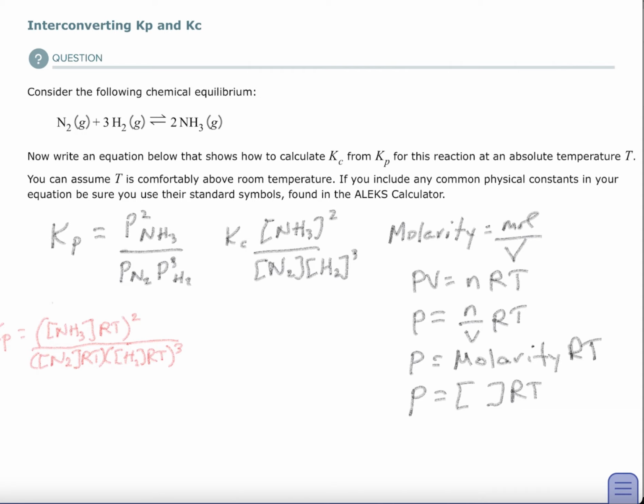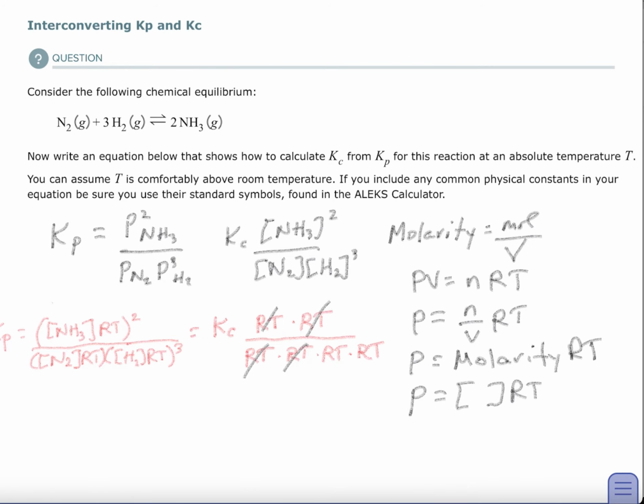Well, you see that you can pull out K sub C. K sub C is NH3 squared over N2 to the first, H2 cubed. So you can pull all of Kc out, and all you're left with are some RTs. So you've got a couple on the top and 4 on the bottom.